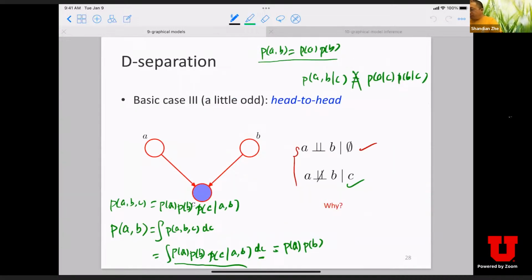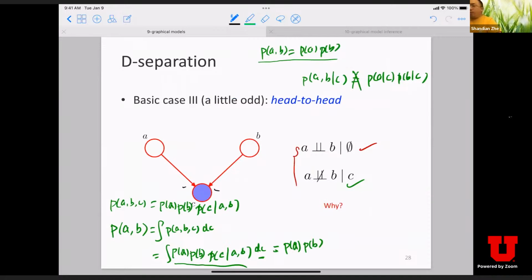And the third one is a little bit odd as compared with the previous two cases, which is called head-to-head. Namely, the intermediate node where the two edges meet has both arrowheads.